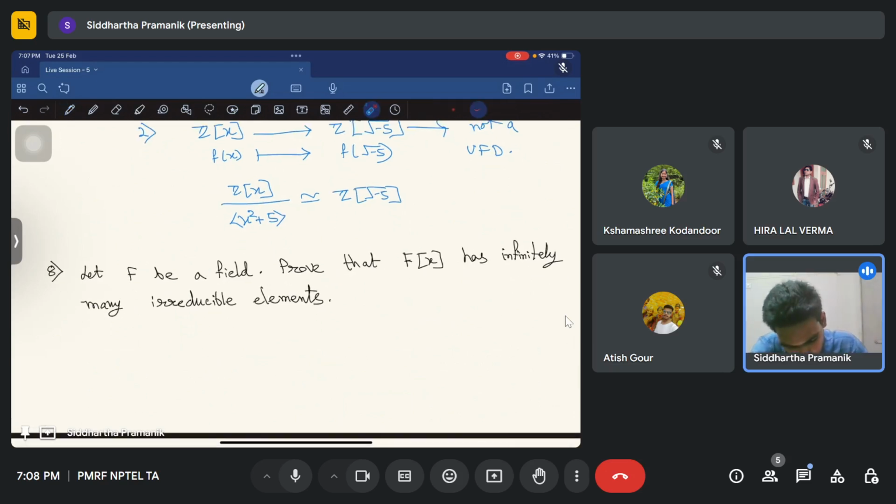We all know that F[x] is a PID, right? And every PID is a UFD. So F[x] is a UFD. In this problem, we need to prove that whatever field you take, the polynomial ring over that field must have infinitely many irreducible elements.